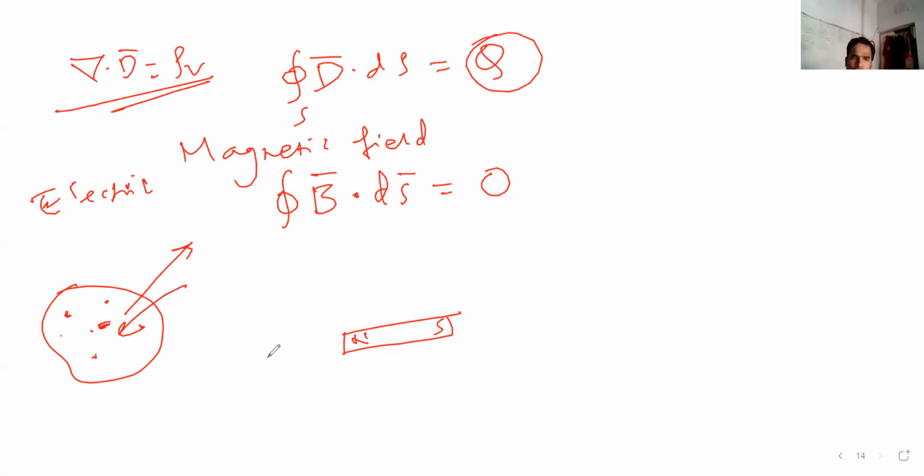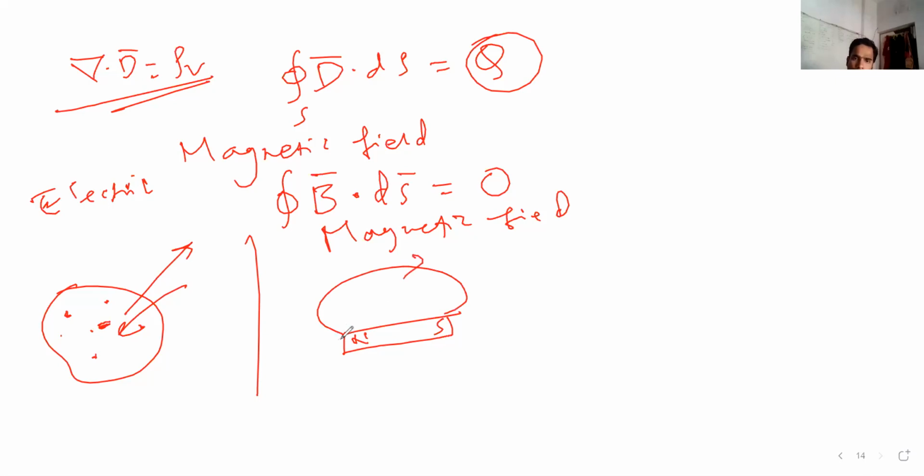Whereas in case of magnetic field, the flux goes from north to south.